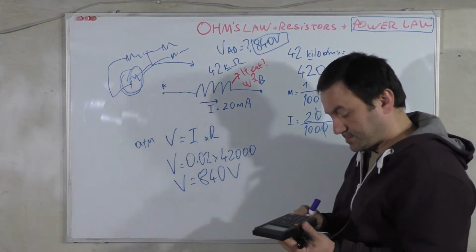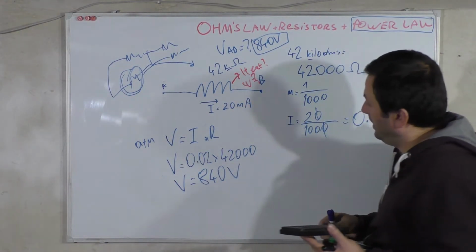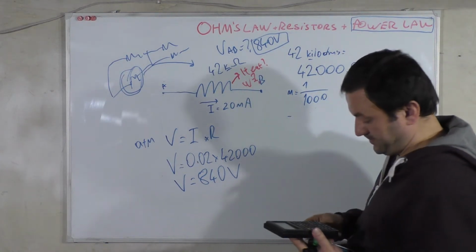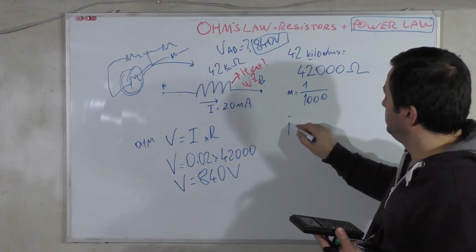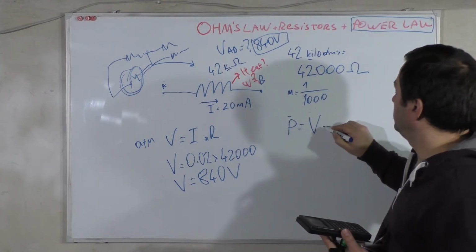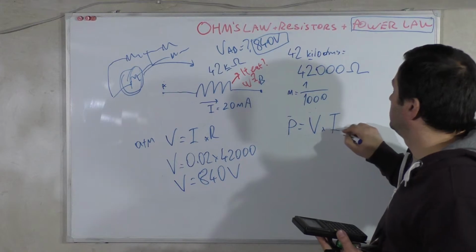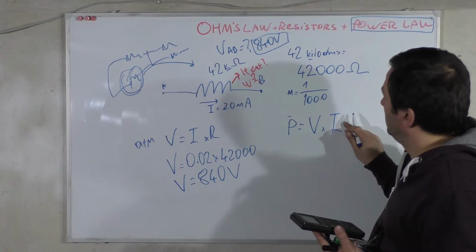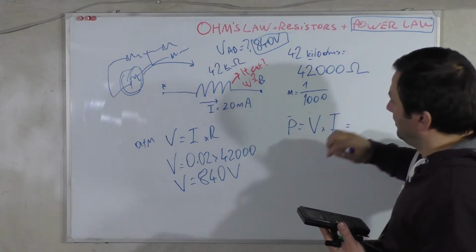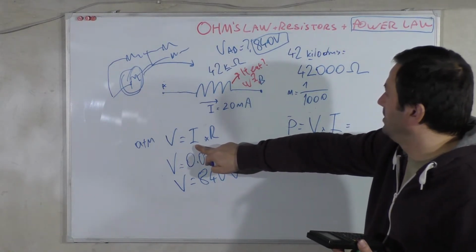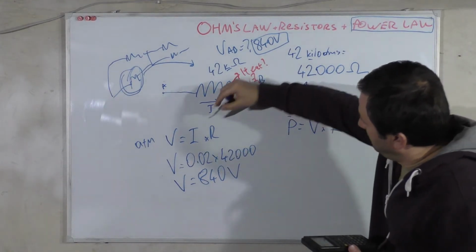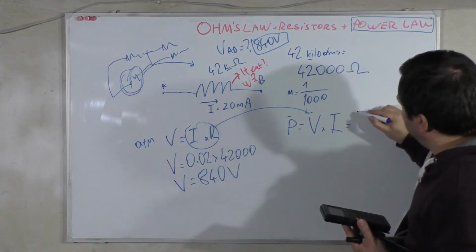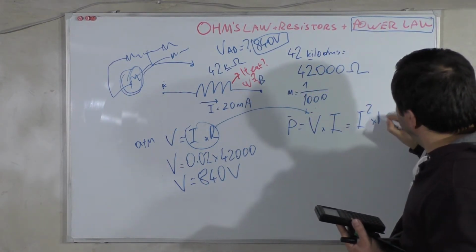What we know, I'm deleting here. Power is equal to voltage times current, or we can write it in other forms. If instead of voltage we put that one here, it can be the same.